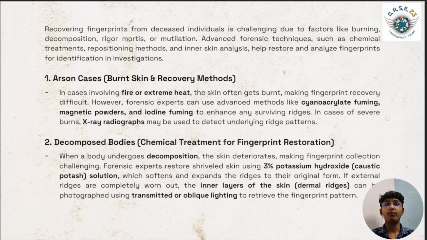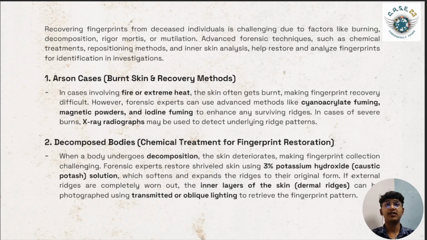Next, we have decomposed bodies. As a body decomposes, the skin shrivels and loses clarity, making fingerprint collection difficult. But forensic scientists have a trick for that too. They soak the damaged skin in a 3% potassium hydroxide solution.